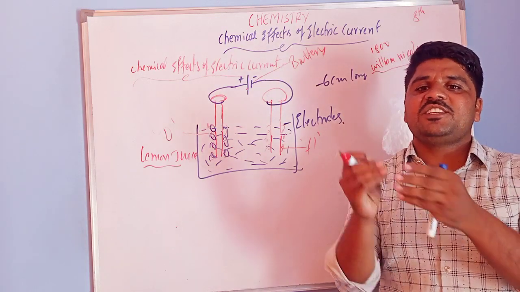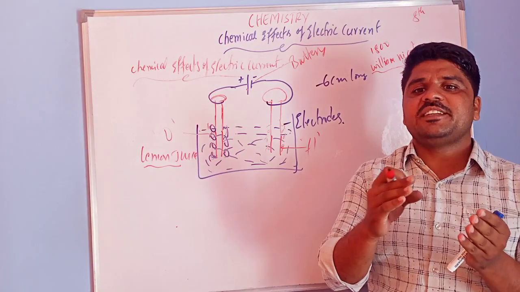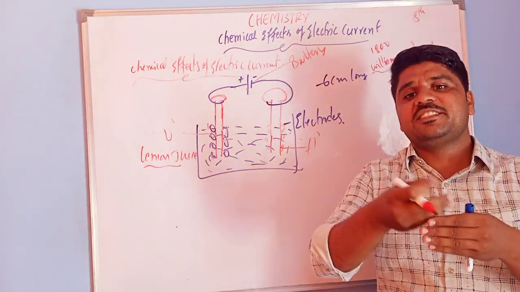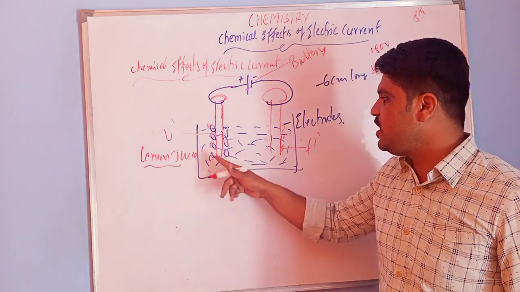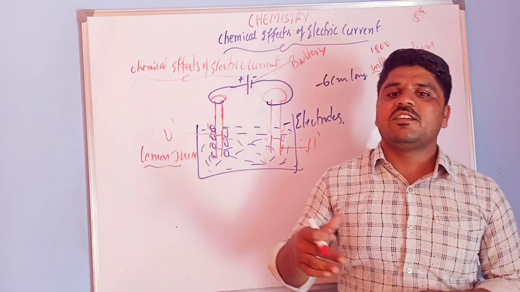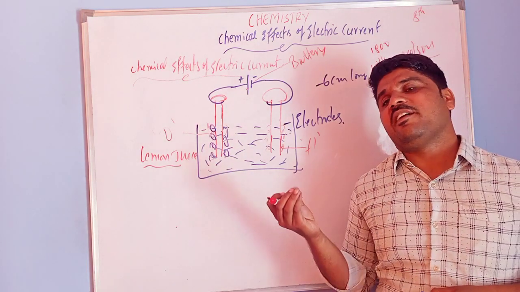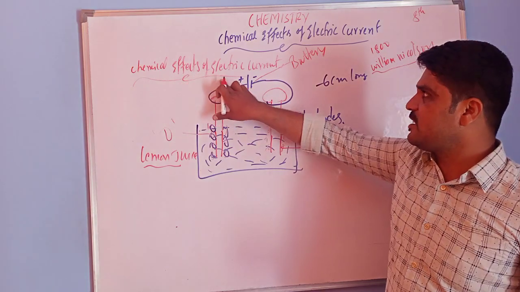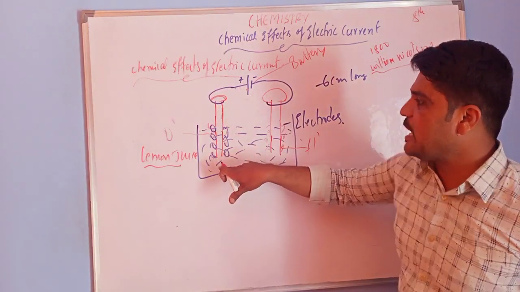As a result, the electrodes may also deposit metals, and the color of the solution may change. All these we call chemical effects of electric current.